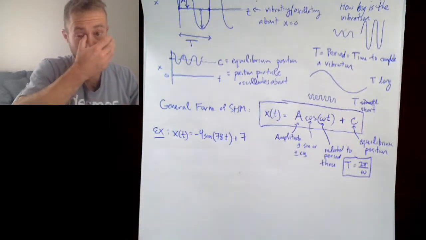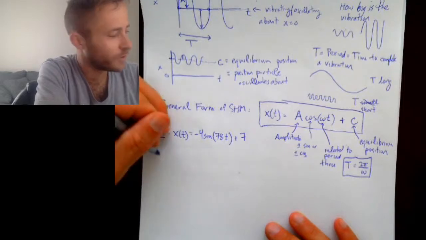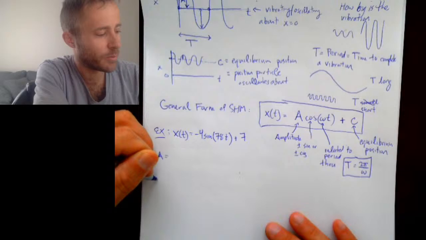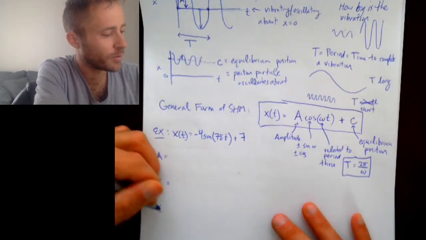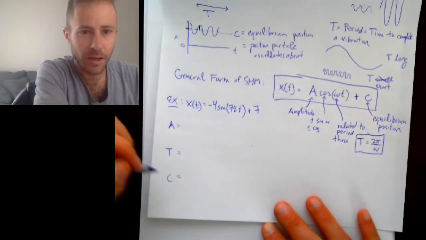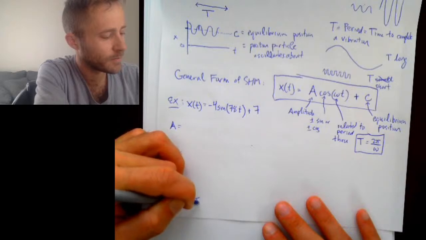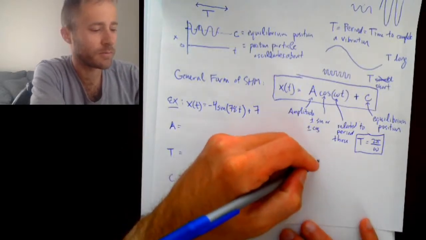So what we want to do is figure out what is the amplitude, what is the period, what is the equilibrium position, and we want to graph it. And I'll graph it over here.